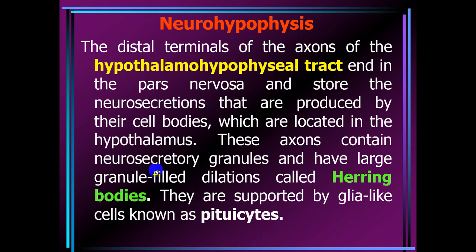And the main cell which forms the neurohypophysis is the pituicyte. Pituicytes are modified glia-like cells which support these axons that travel to the neurohypophysis, and also cover these granule-filled dilations, Herring's bodies.